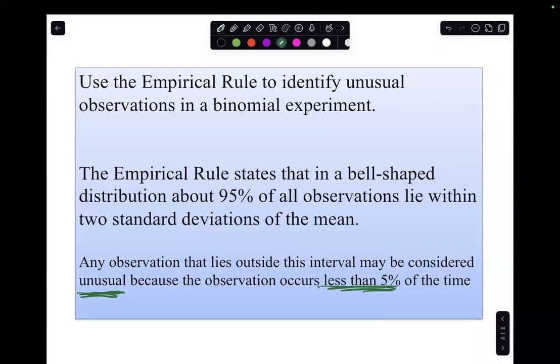And usually, if it's unusual, like if we took a sample and our number of successes is unusual, then either the original probability is wrong or there was some other factor at play here.